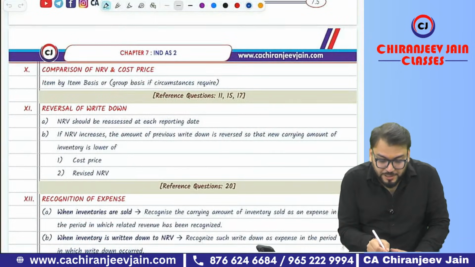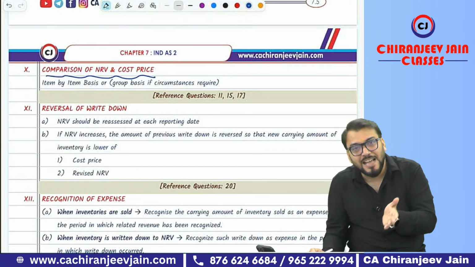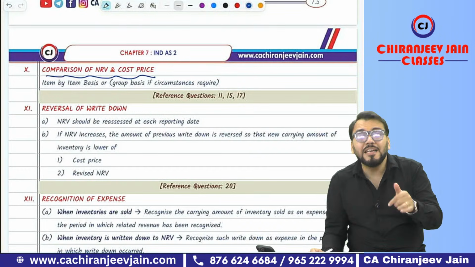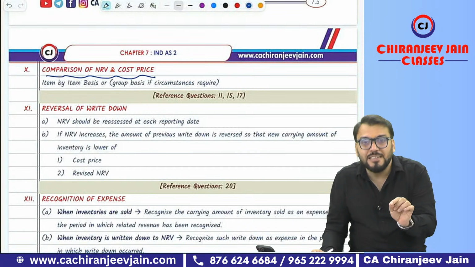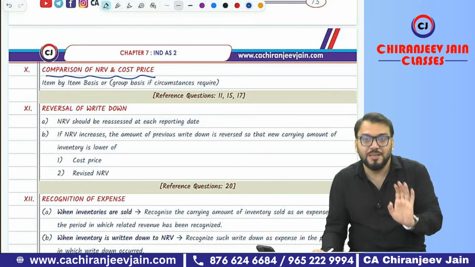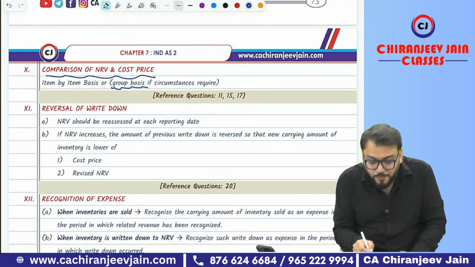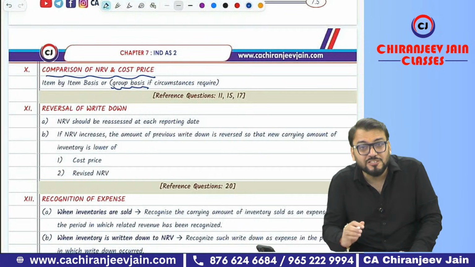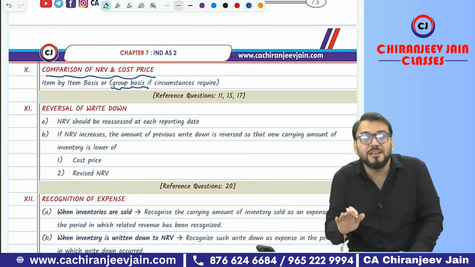Coming to the next point, comparison of NRV and cost price. We need to compare NRV and cost price at the end of each year on an item by item basis. Means for each item we should find out the cost price, for each item we need to find out NRV, then compare. But they have also given an option of comparison on a group basis if the prices of each item in that group are similar.